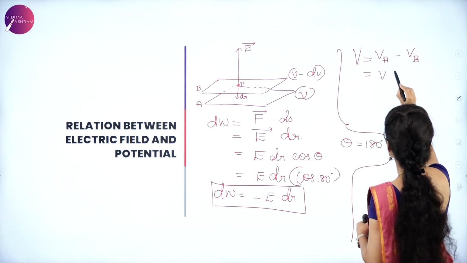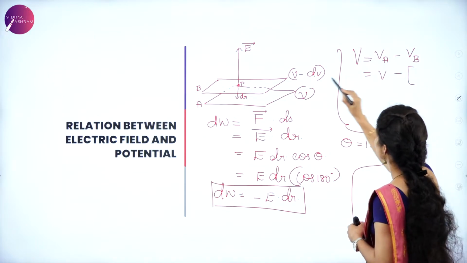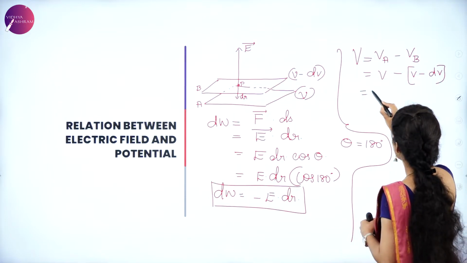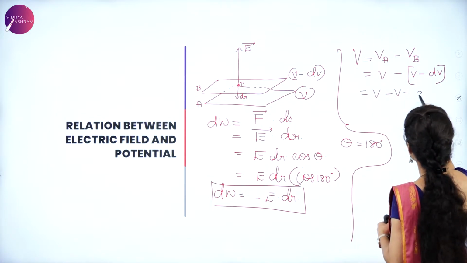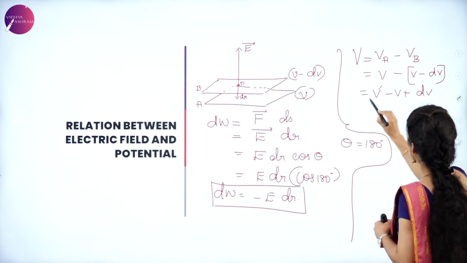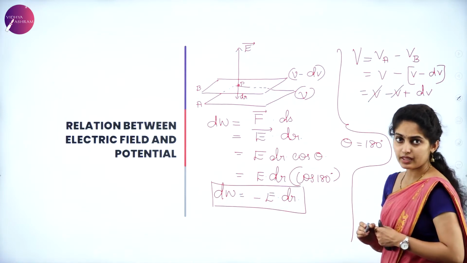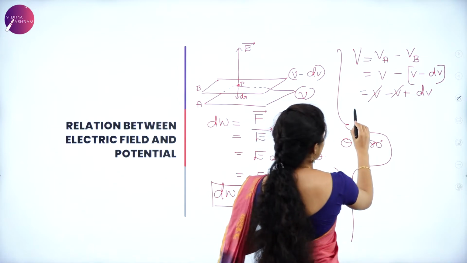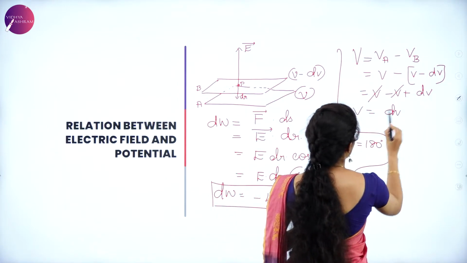It is just V minus, and VB is V minus dV. So I get V minus V plus dV, V minus V gets cancelled. So what remains is V is equal to dV.